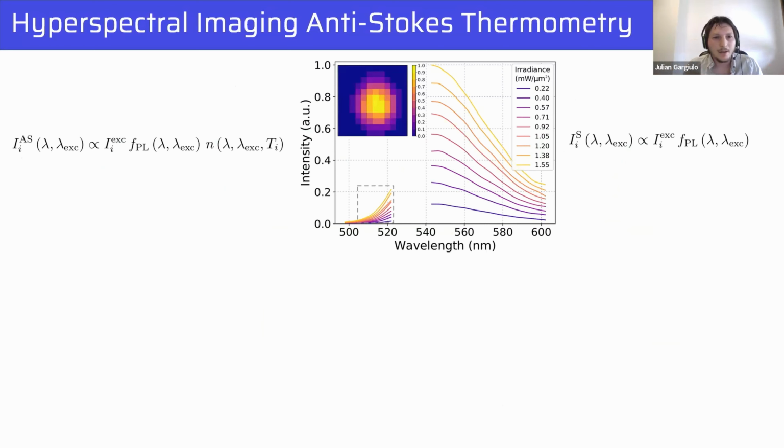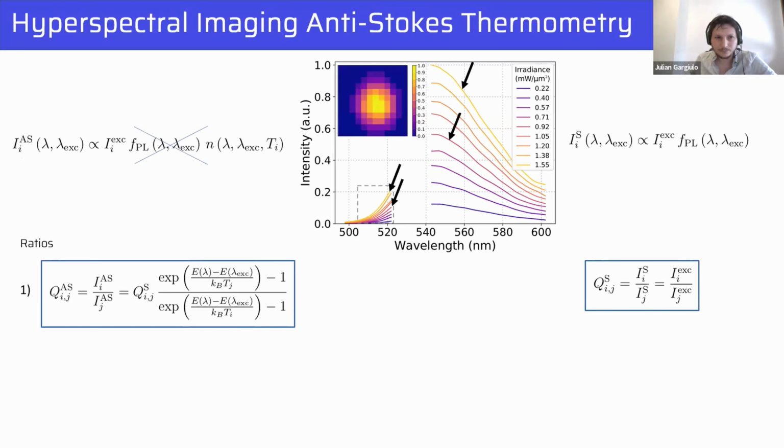Okay, and then for the Anti-Stokes, we have this modeling. We say that it's proportional to the excitation irradiance, proportional to some function, whose shape is like an intrinsic property of the particle, and then proportional to the distribution of states, for which we usually use a Bose-Einstein distribution. But of course, in order to extract the temperature here, we would need to know what this function is.